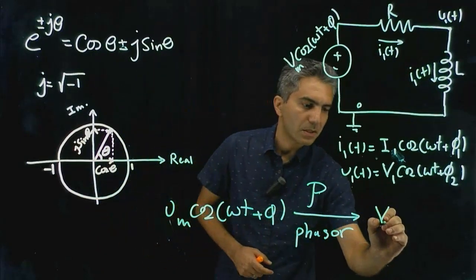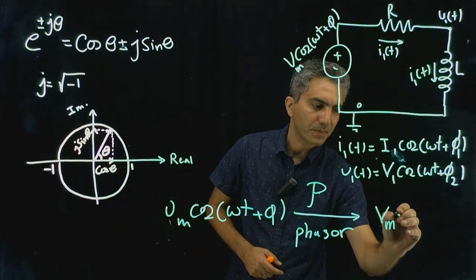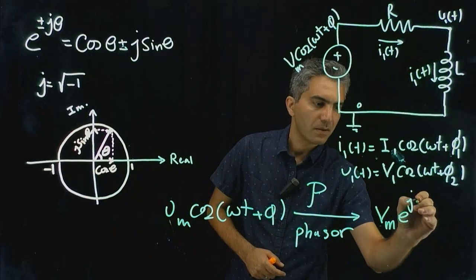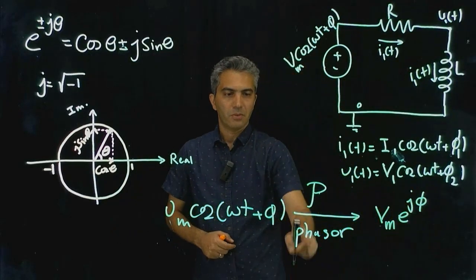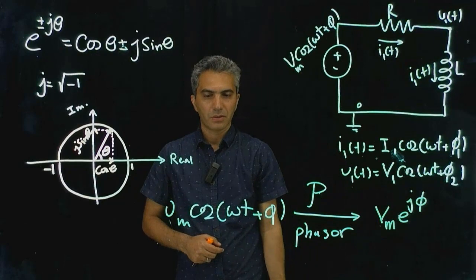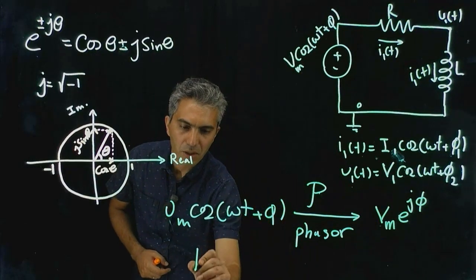So Vm turns into Vm e to the j phi with the Phasor transformation. Let me repeat and write the equation like this.